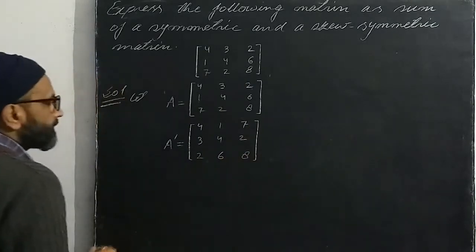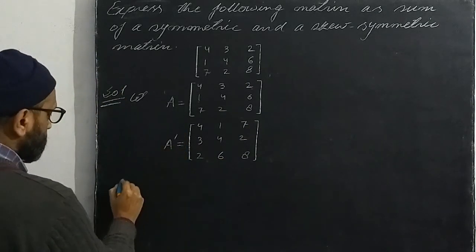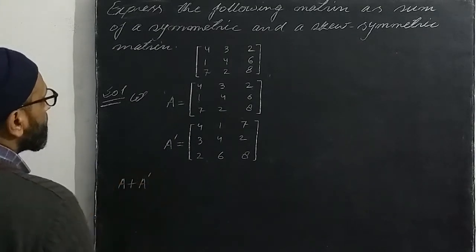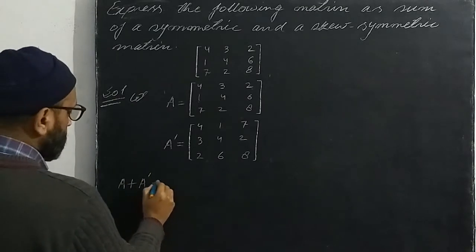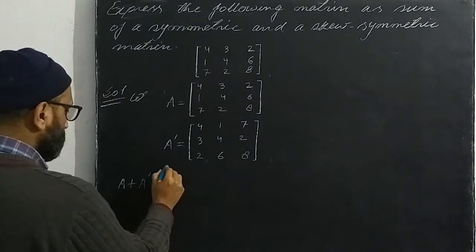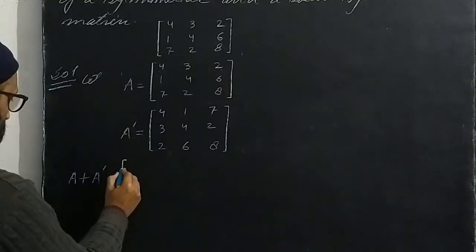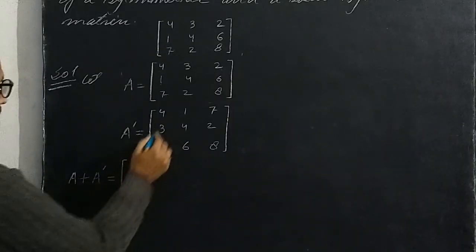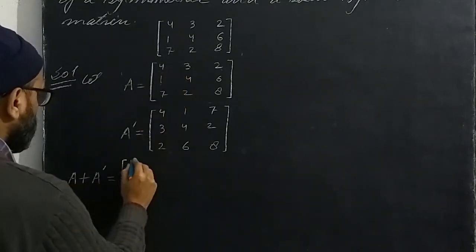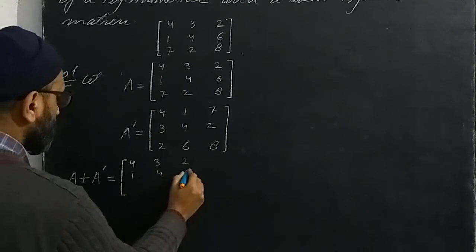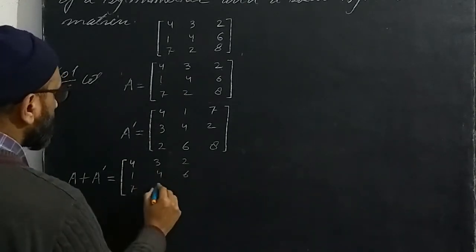Then we find the sum of these two matrices, that is A plus A dash is equal to matrix 4, 3, 2, 1, 4, 6, 7, 2, 8.